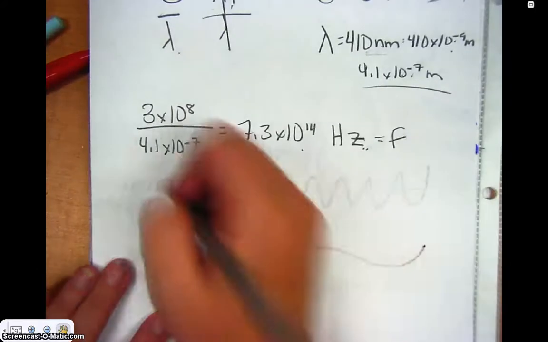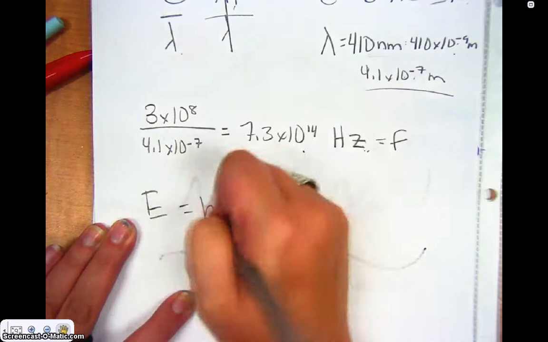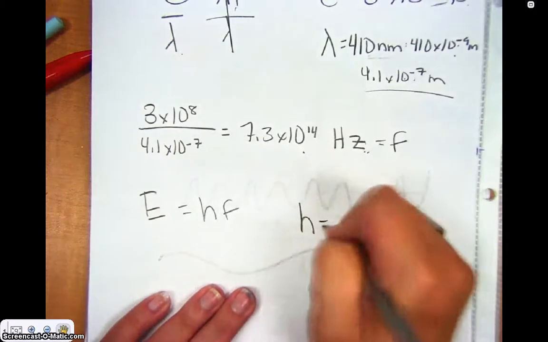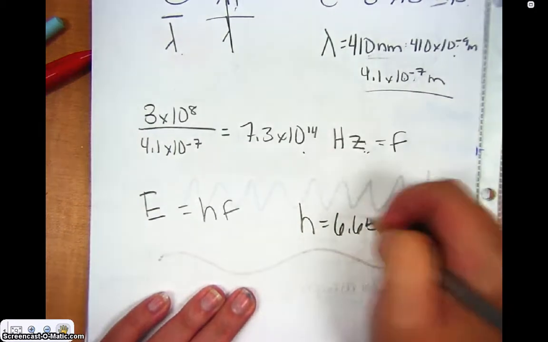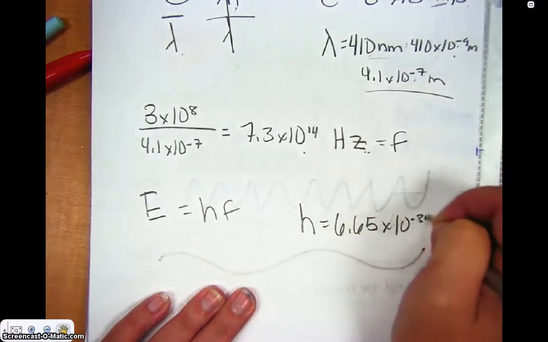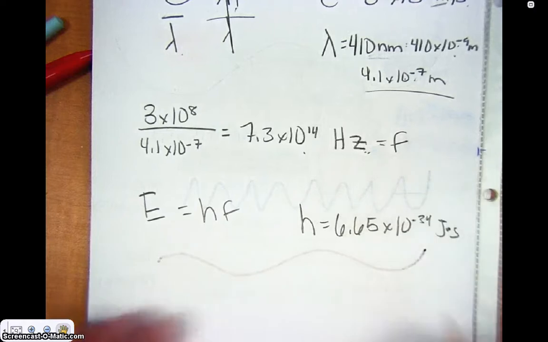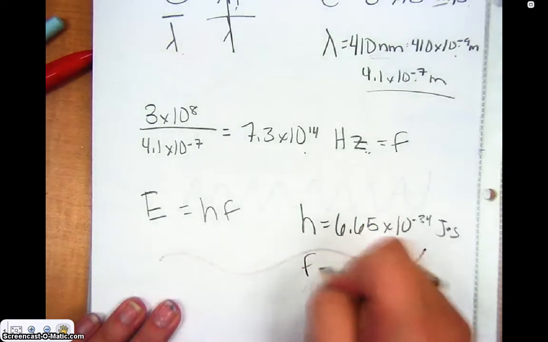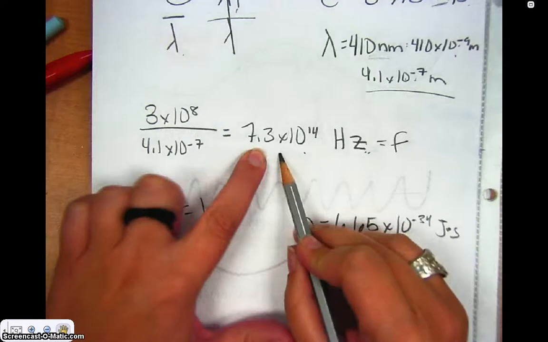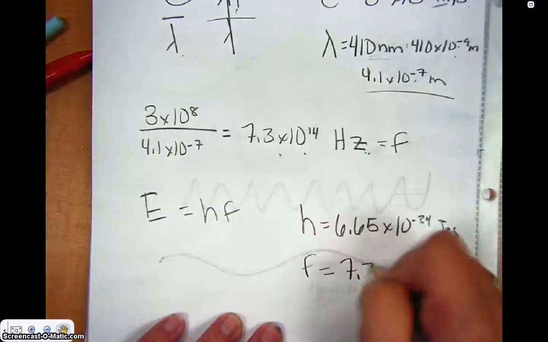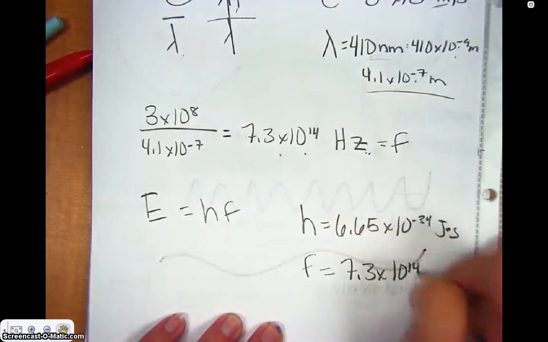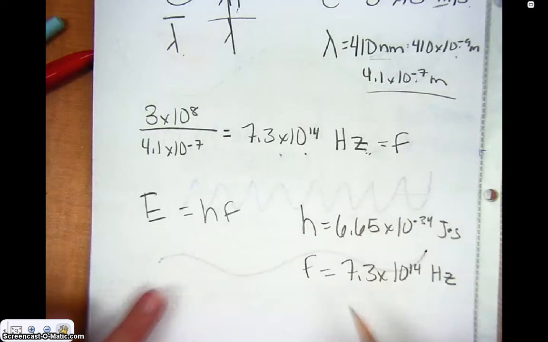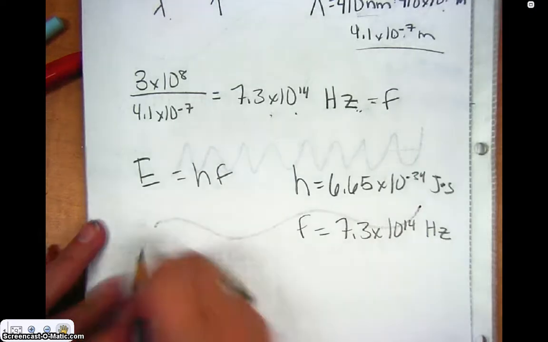So I'm just going to say, well, I know that energy is equal to H times F. And H is always that weird number that will be given to you. And it's got this unit. Don't even worry about what it means, but we just have to have it there. And then frequency is up here. I just calculated it, 7.3 times 10 to the 14th. And it's in hertz. And I want to know energy, so all I got to do is plug and chug.